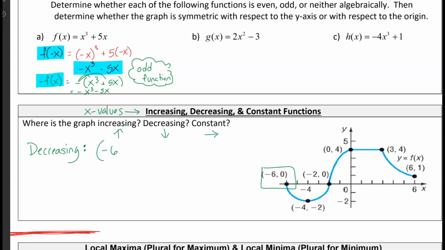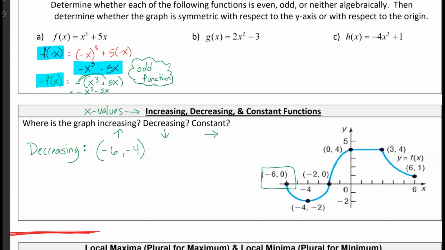At what x value? Yes, good. I stop going down at the x value of -4. Again, at that point, you can't determine if you're increasing, decreasing, or remaining constant. I think of these in-between points as transition points, right? You're changing direction. You know for sure you're not decreasing, you're changing direction. So -4 is not included.